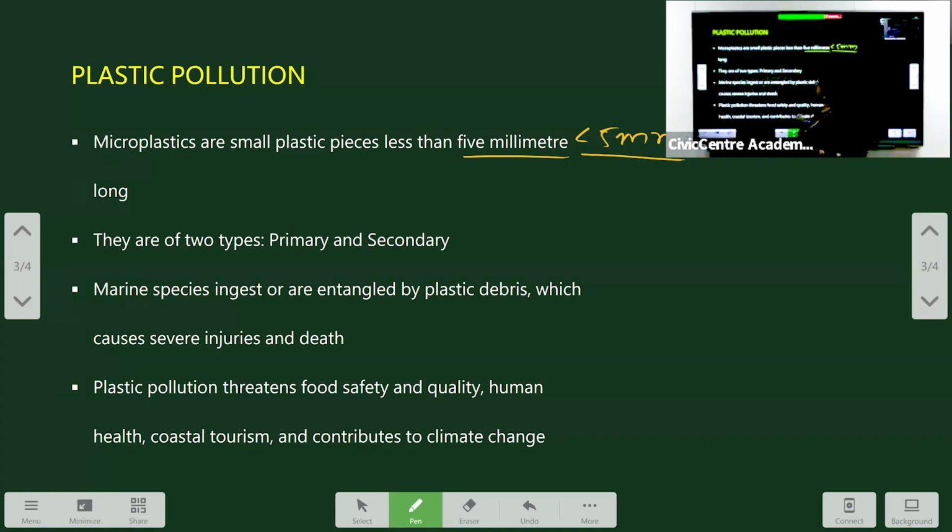Now let's look at microplastic pollution. These microplastics are found mostly in exfoliants or cosmetics and in detergents. We also find them in some of the medicines that we use, in the capsules.